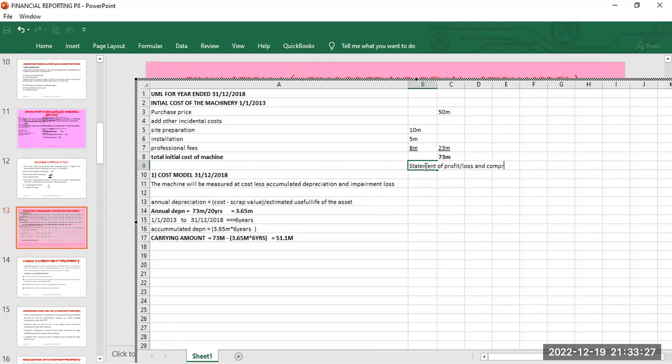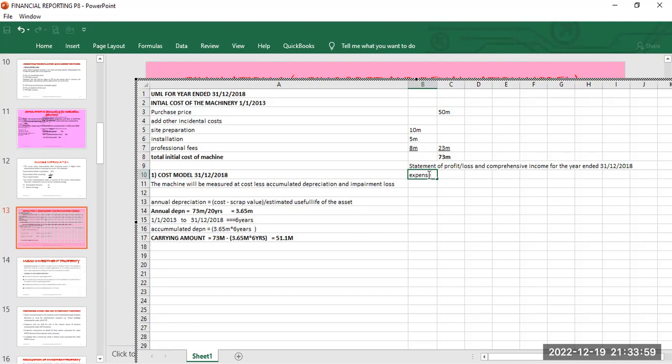Profit or loss and other comprehensive income for the year ended 31st December 2018. Here we are only taking the expense, but we are not taking it for the whole years.